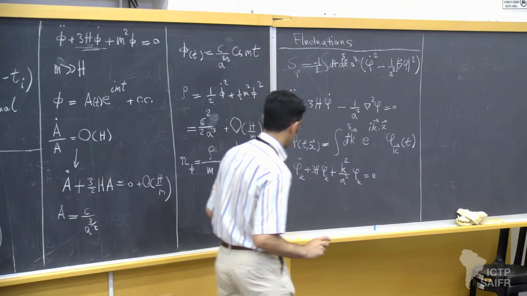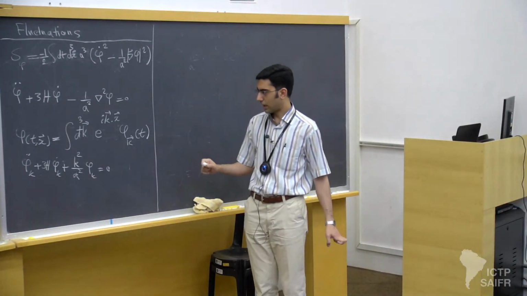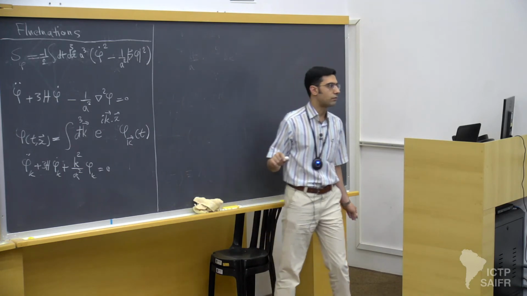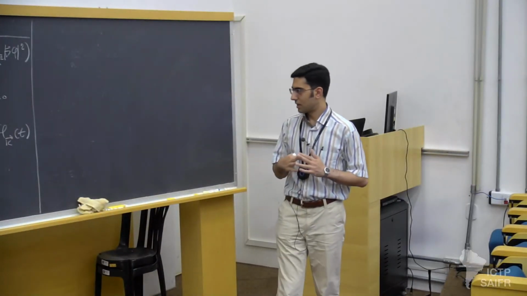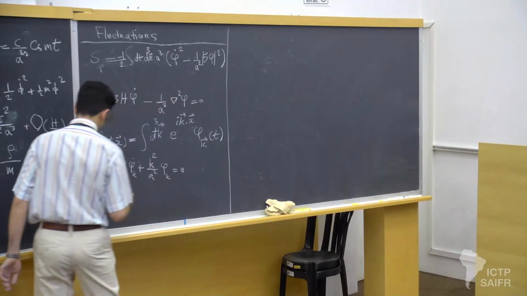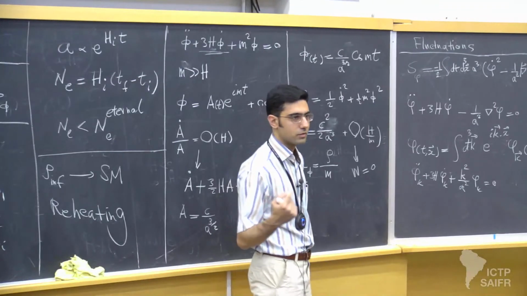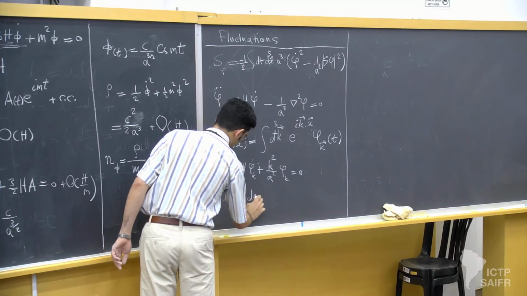Another simplification is that we work with conformal time. Remember, conformal time was defined to make pictures look nicer, to make light propagate at 45 degrees. So dt is a d eta.